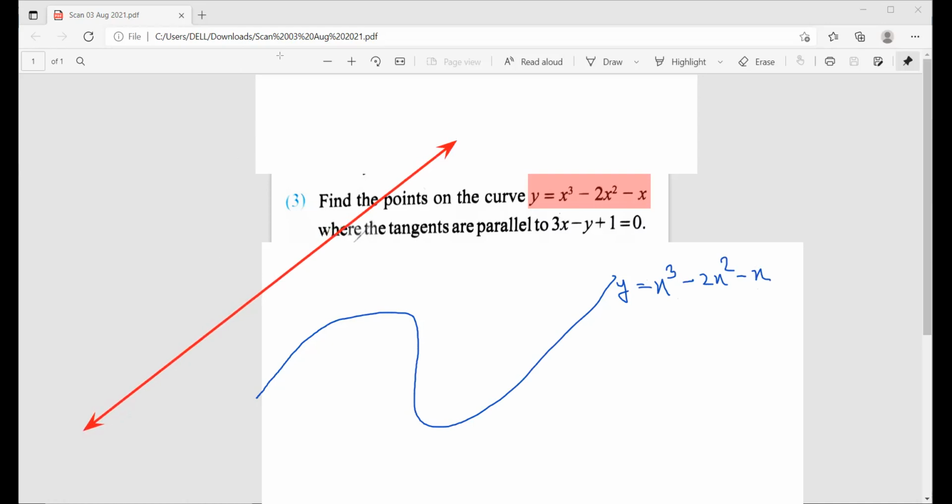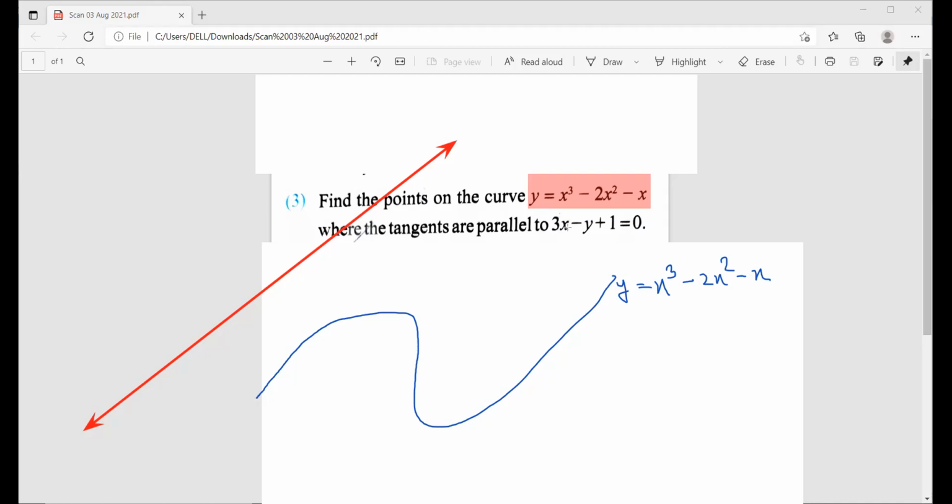Now what they expect from you, they say get the points on this curve. You see this curve? They say get the points on this curve where the tangents would be parallel to this given line.